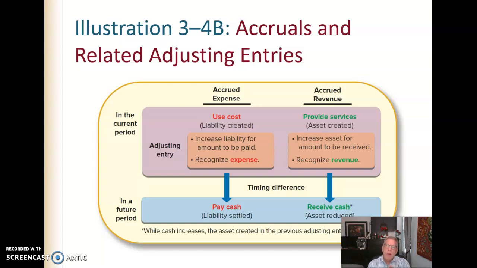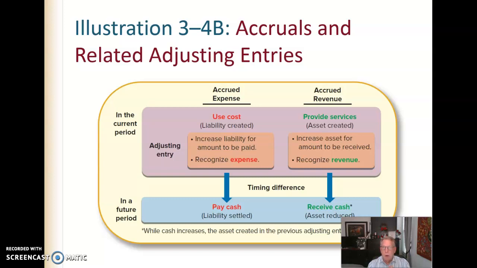So we would, for example, debit salaries expense and credit salaries payable. Then as we pay it, we will debit payable and credit cash to get rid of it.